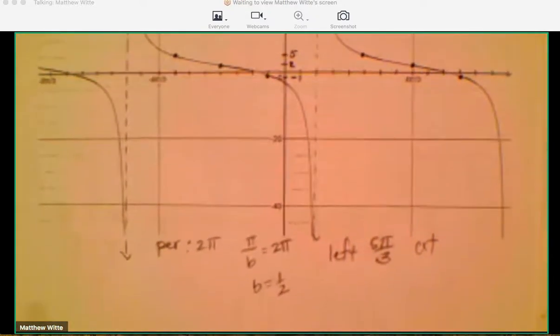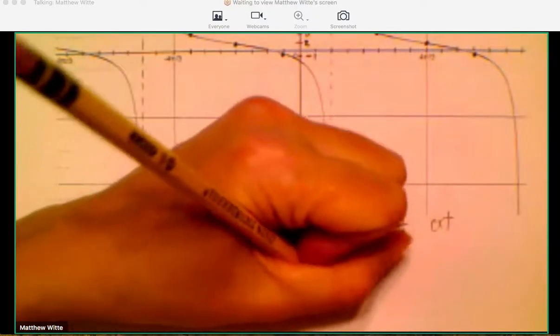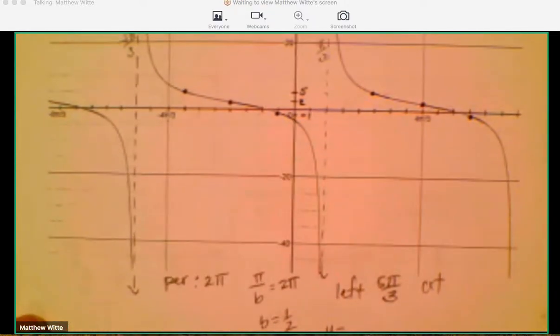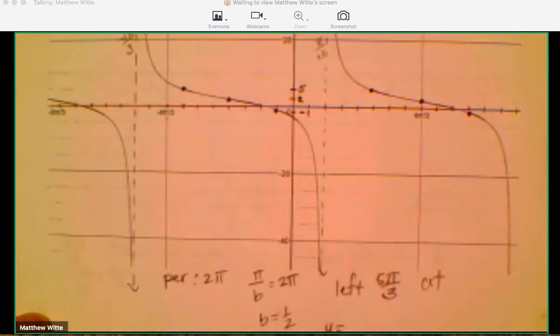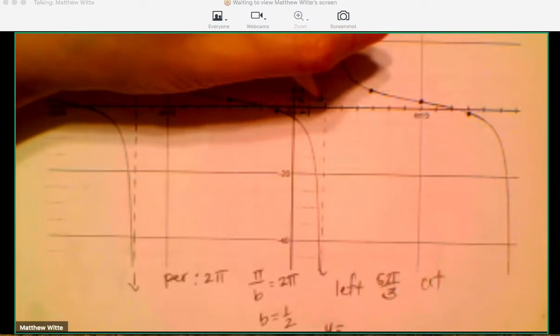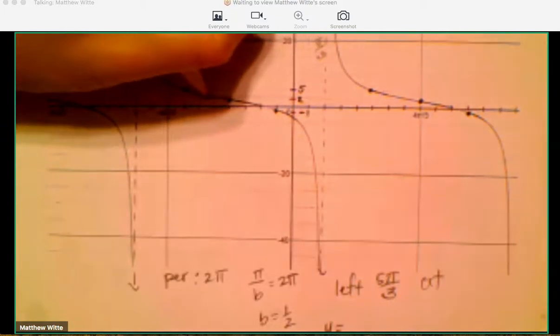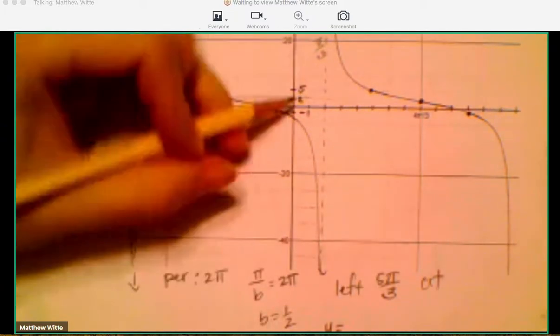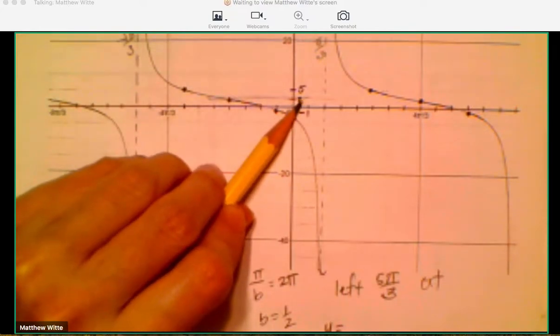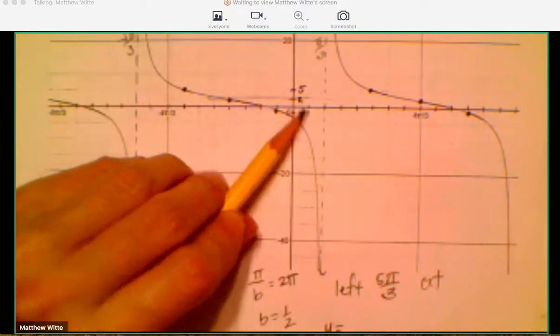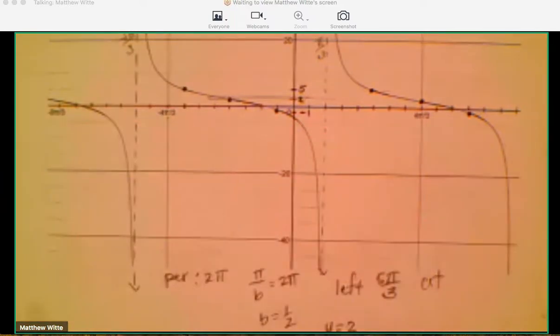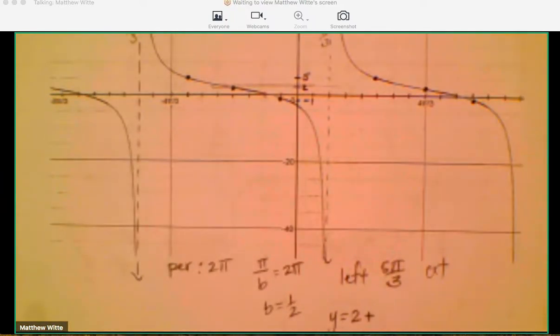Okay, so we're going to do the same thing. We're going to think of it as y is equal to, my midline is slightly shifted upward. I helped you out here to show you that that midline is at 2. It's really hard to see, but that first number that I gave was a 2. I'm going to put plus because I'm going to use that cotangent.